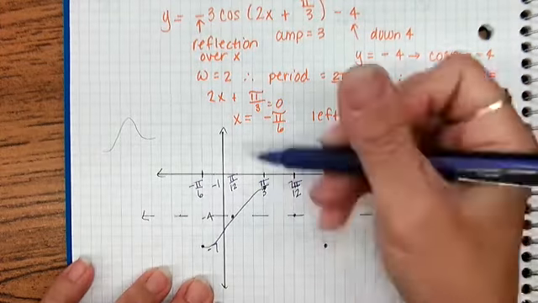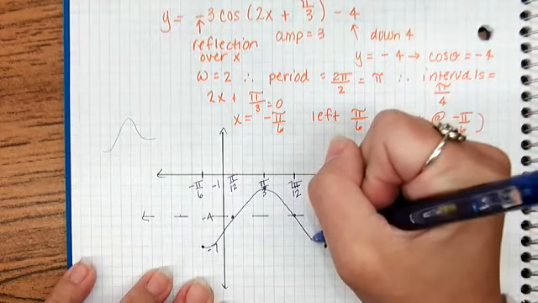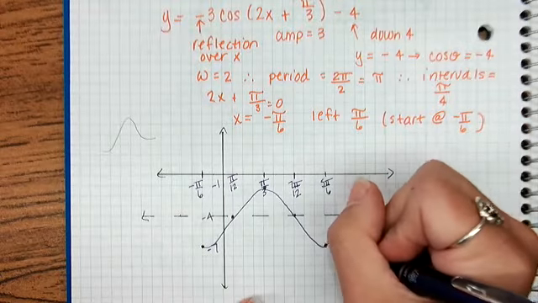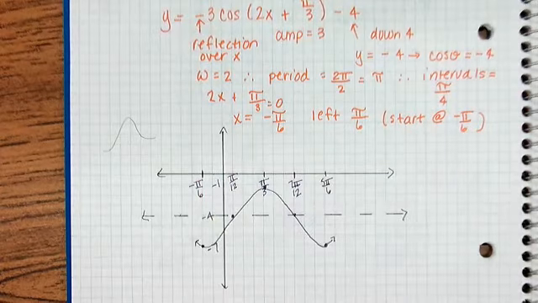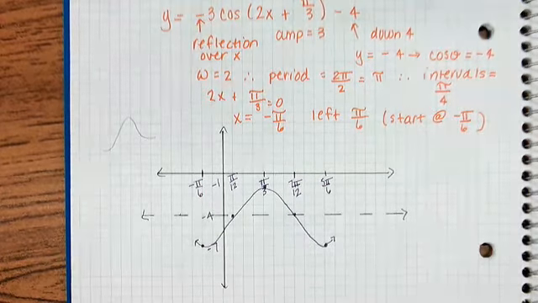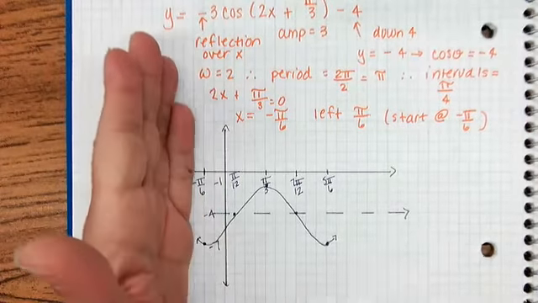Oh, yeah. That is one cycle. And you can put arrows on the end if you want. I'm not going to take off points. This is one cycle. How do you know how much to graph? You read the directions. So if you're asked to graph 2 cycles, you would start at negative pi over 6. That's where you're starting.